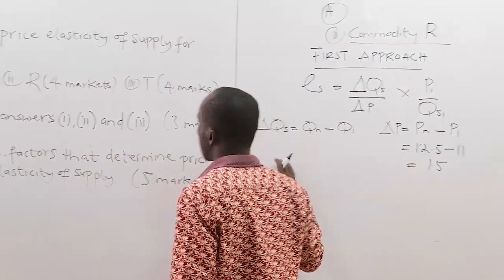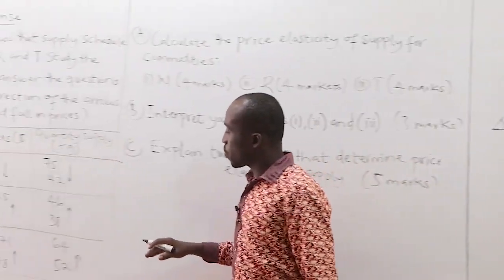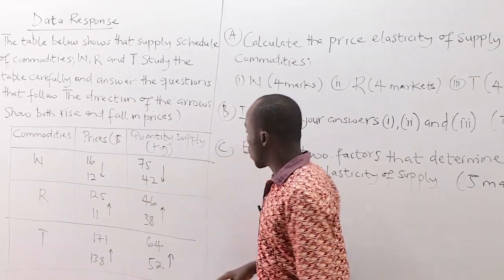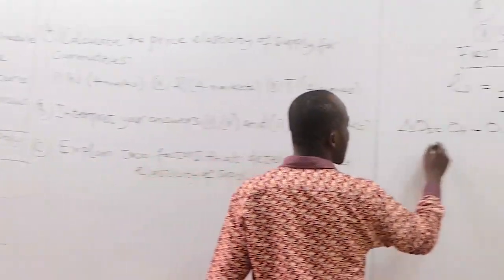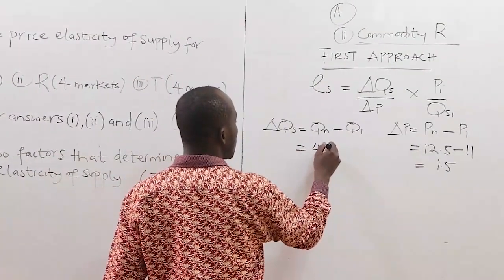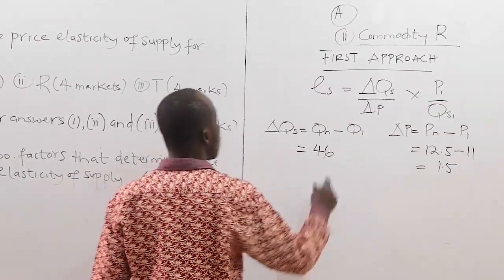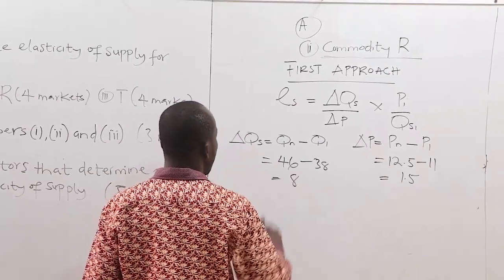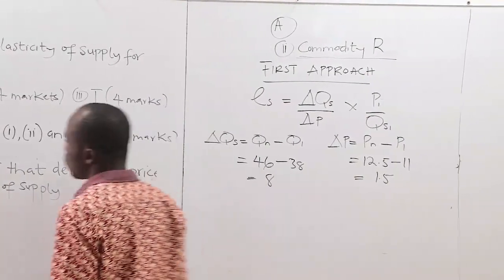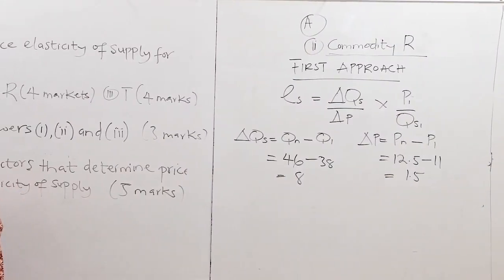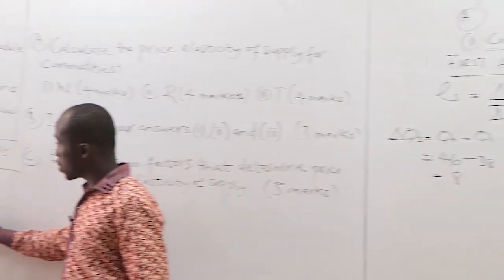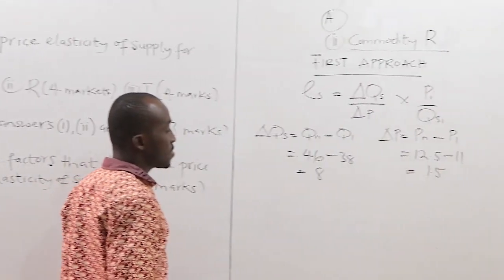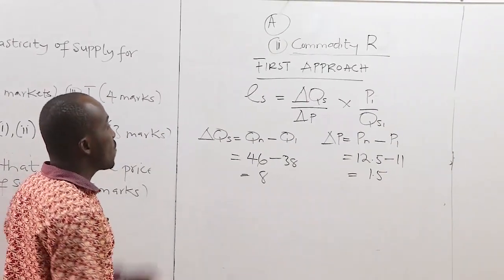Let's go to our supply. Supply was 38. Now it moved to 48. So the new one is 48, and the old one is 38. When you take it away, you're going to get 8, right?